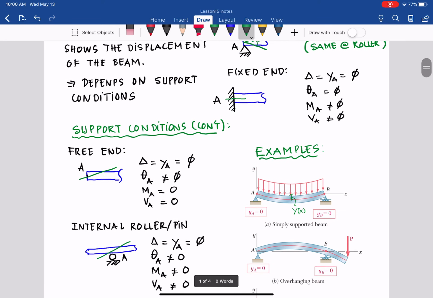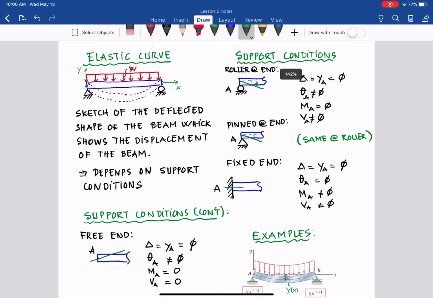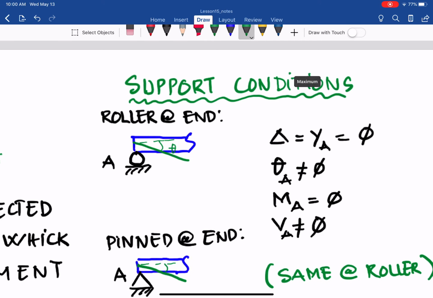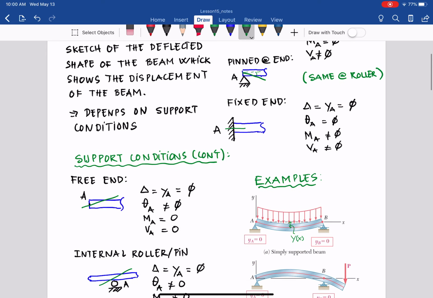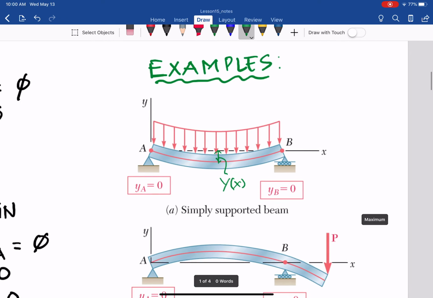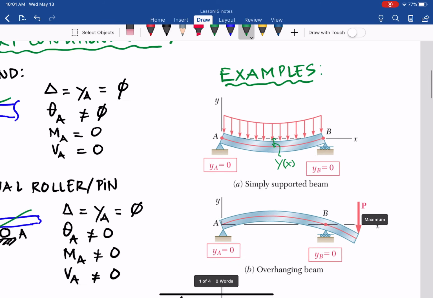And similarly for B, it is also a roller at one end, so we have yB equals 0. So bottom line, in this case, with a simply supported beam, we have yA equals 0 and yB equals 0.